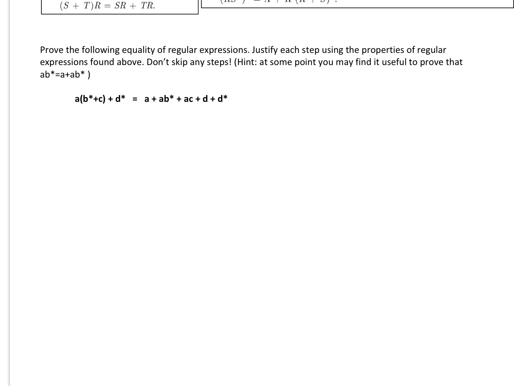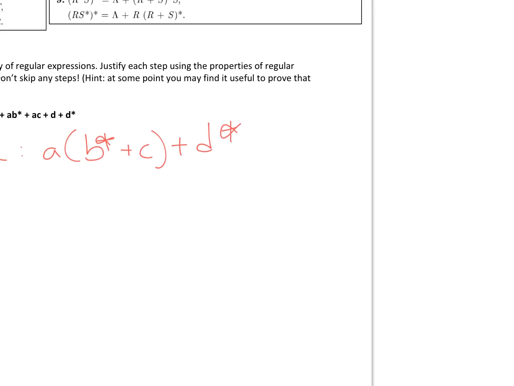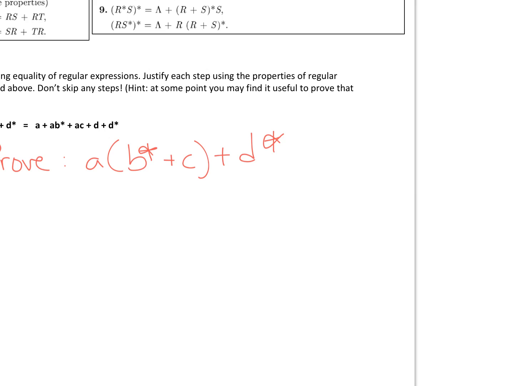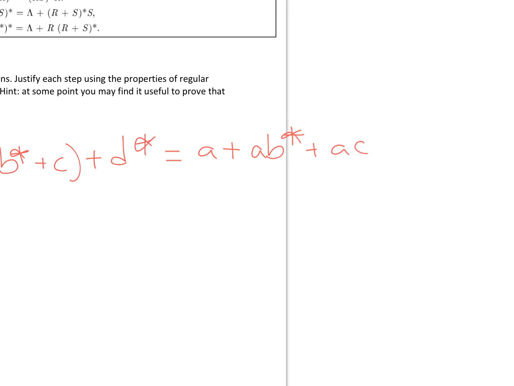So let's do our proof. If you want to get very formal, you could write what you want to prove again, right? What do I want to prove? I want to prove that A times B star plus C plus D star is equal to A plus AB star plus AC plus D star.